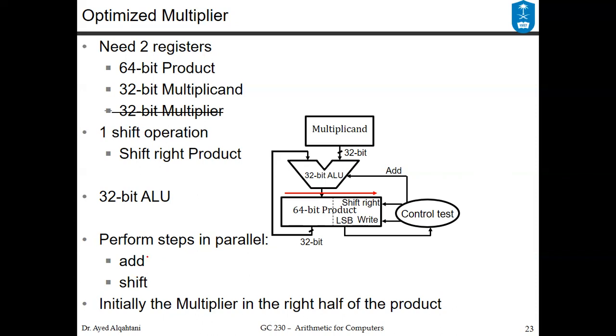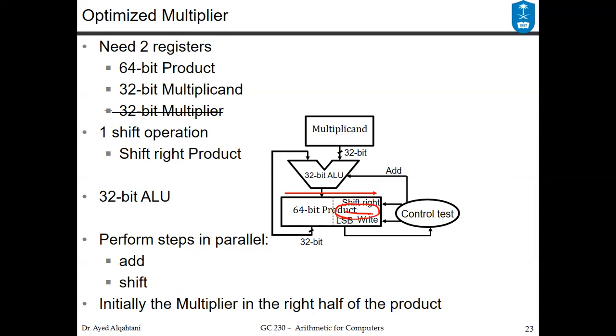And to do this, we take out the multiplier altogether, but we initially put the multiplier in the right half of the product. So here at this part, we need to plug in the multiplier. Instead of zeroing out all the product bits, we keep the multiplier here. And this tells you that you need to shift in the right direction.